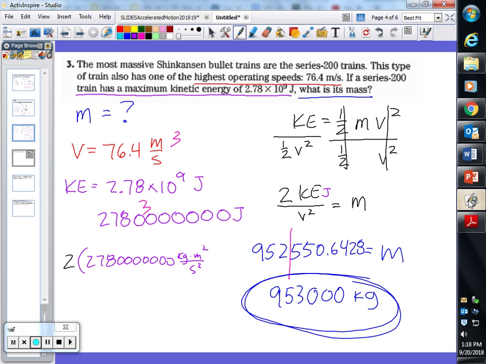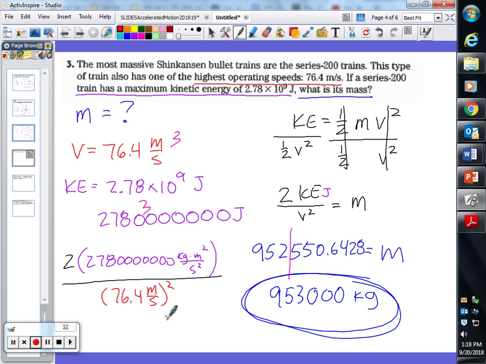Okay. So, Elizabeth, you see that I can substitute in for joules? And so that's going to be on the top. And then on the bottom, we're going to have 76.4. And that's meters per second, but we're squaring that whole value, okay?